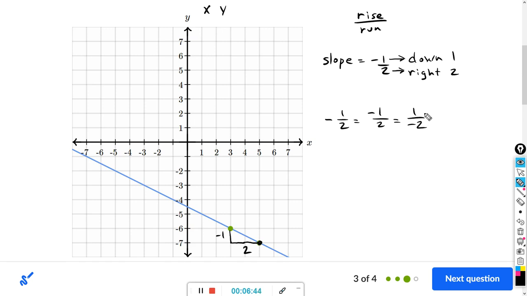So instead of down 1, right 2, we could have also done +1, which would be up 1, and -2 would be left 2. Okay, and it would have been the same thing. We would have gone up 1 and left 2, and that would have been right here. See, it's still on the same line. So if you have a negative, you can put it in the numerator or denominator.